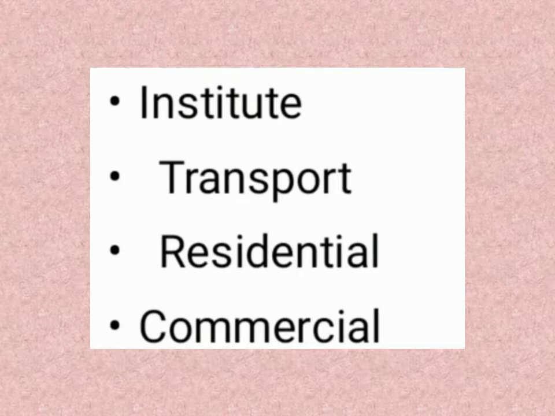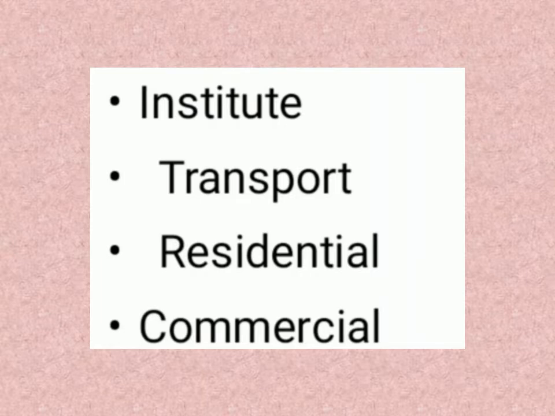As we have learned in the earlier video, that land can be sorted out according to the purpose for which it is to be used. That is called land use. Land use is the function of land.